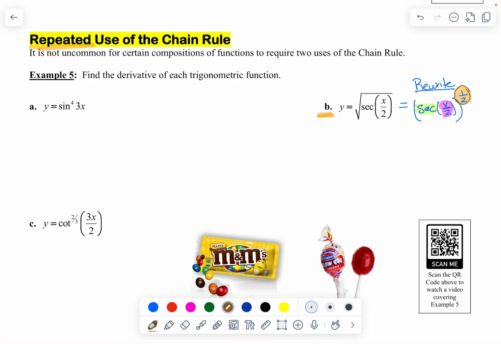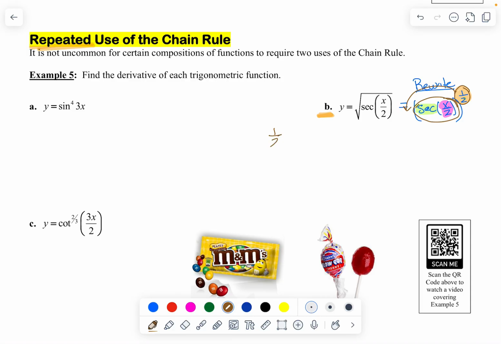So let's take care of that 1/2 first. Pretend that what's in here, the secant x over 2, is just one item that's going to come along for the ride. So all of this is raised to the half. I'm going to bring that half down.